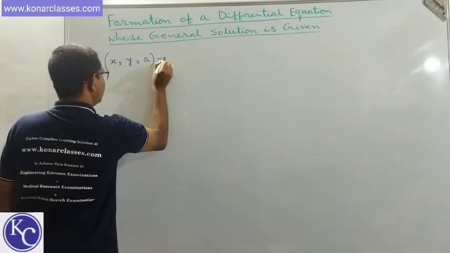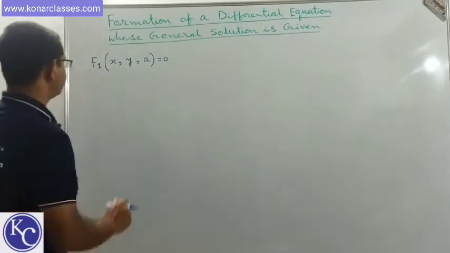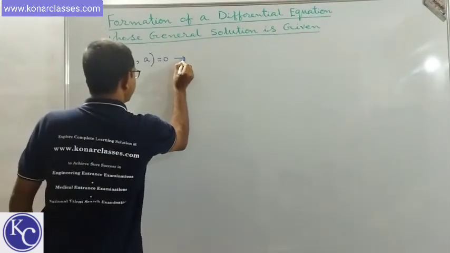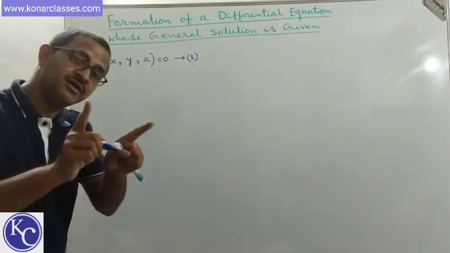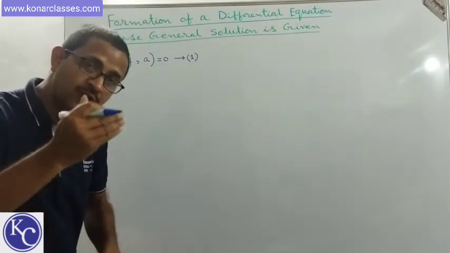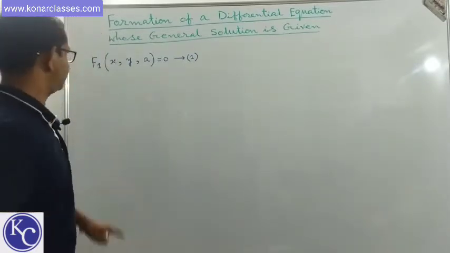So this is equal to 0. Clear? Suppose we call this equation 1, which is given. That is the general solution of a differential equation, and we are now going to learn the steps to be followed to find that differential equation.